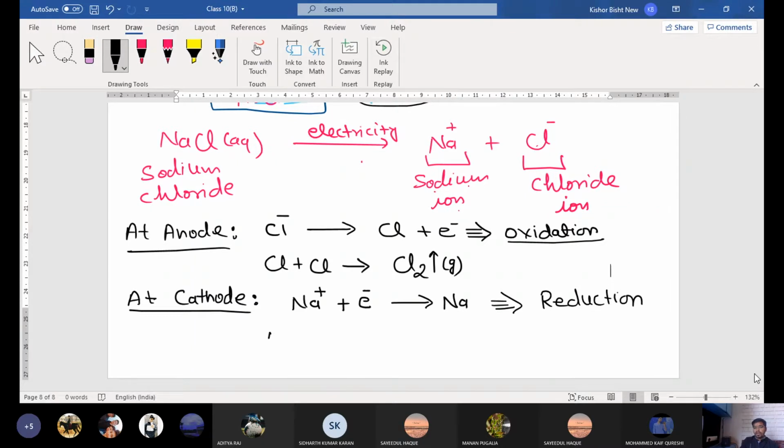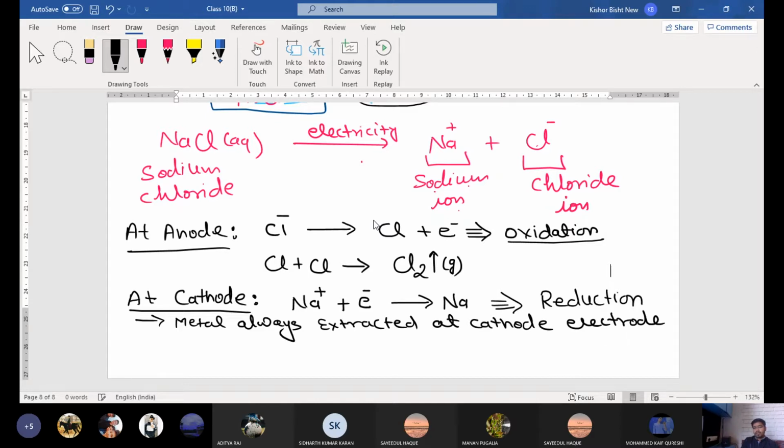You know that this is the metal. One minute, I will tell you some more things. Metal is always extracted at the cathode electrode mud.